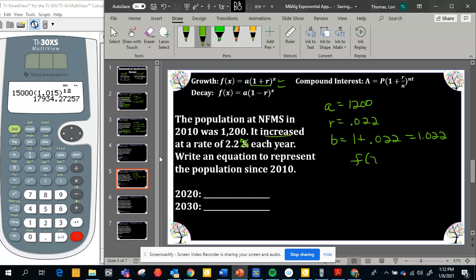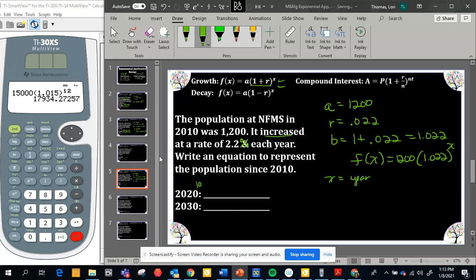So when we write the equation, we have 1,200 times 1.022 raised to the x, and x is years because it's a rate of 2.2% each year. So starting from 2010, the year 2010. So this time when we plug in, we're not going to plug in 2020 for X, we're going to plug in 10 because from 2010 to 2020 is 10 years.